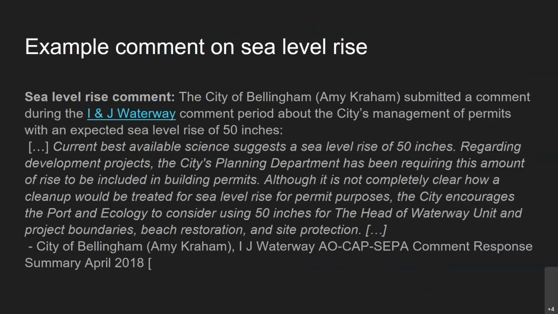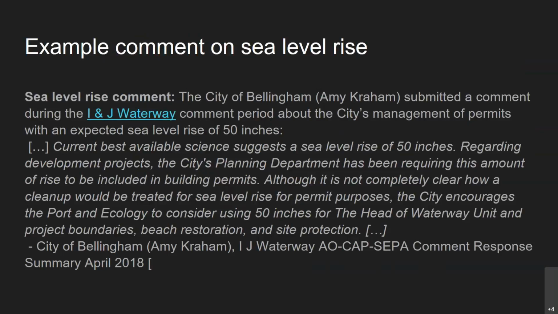I thought it might be nice to include a few example comments. Here's one on sea level rise that was submitted by a City of Bellingham staff member on the I and J Waterway comment period, in regards to an expected sea level rise of 50 inches.